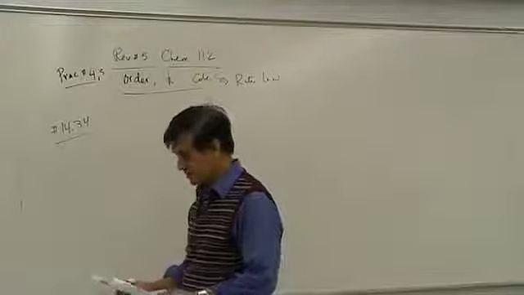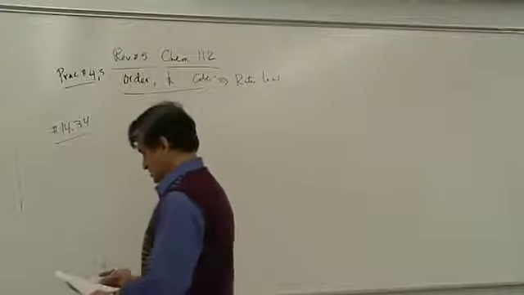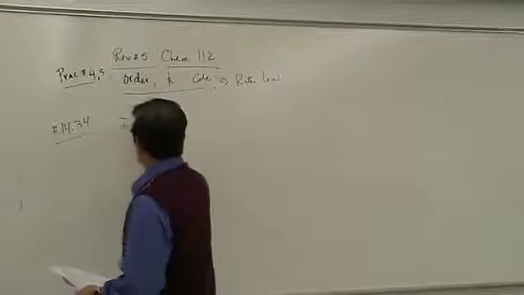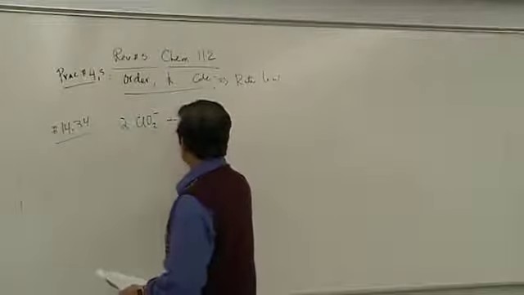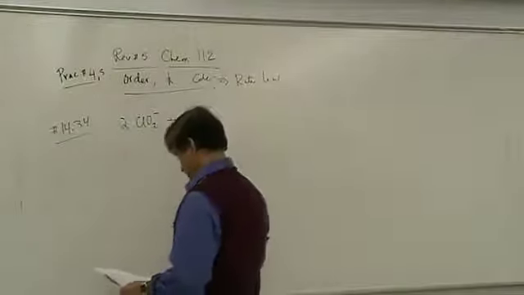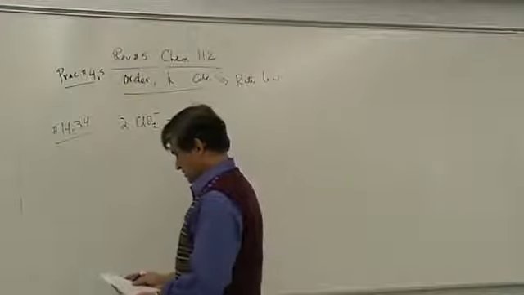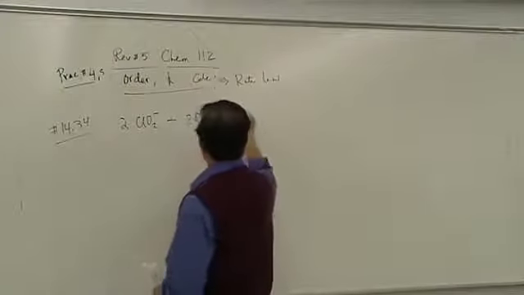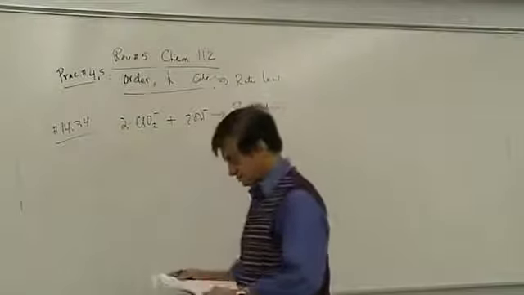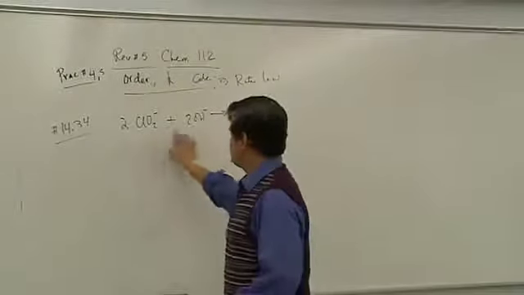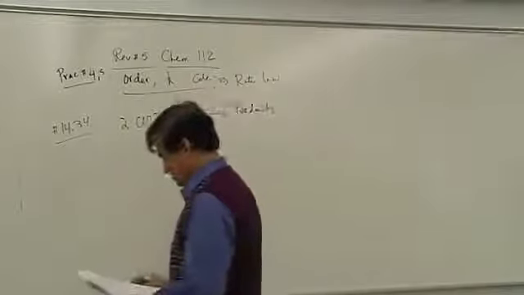So let me just write down the reaction. 2ClO2 minus plus 2OH minus giving products. I'm not writing down all the products because it's not necessary, because rate only depends upon these concentrations.